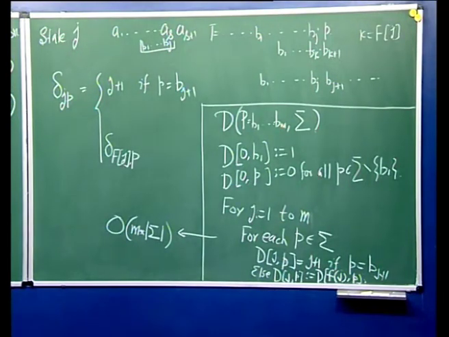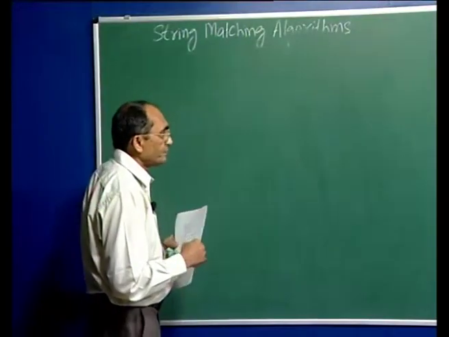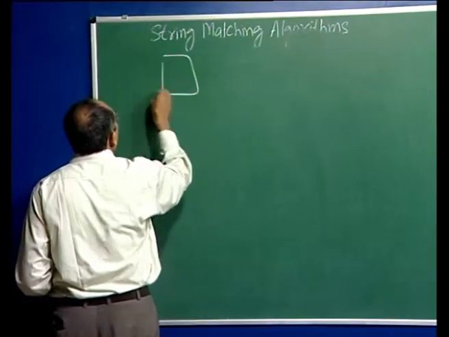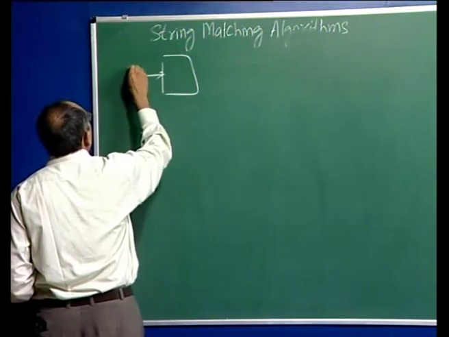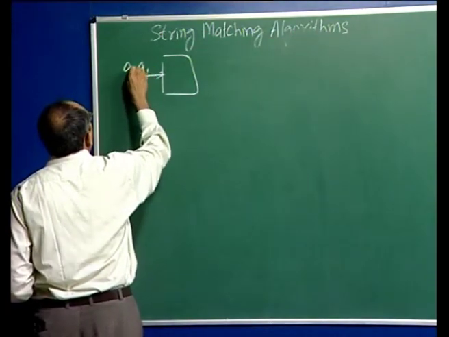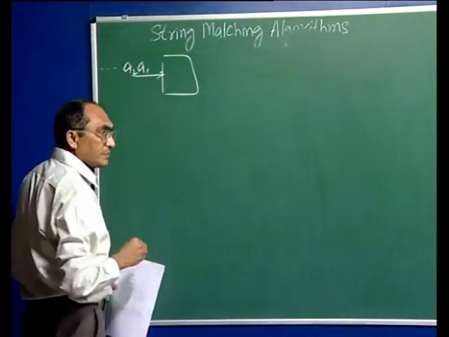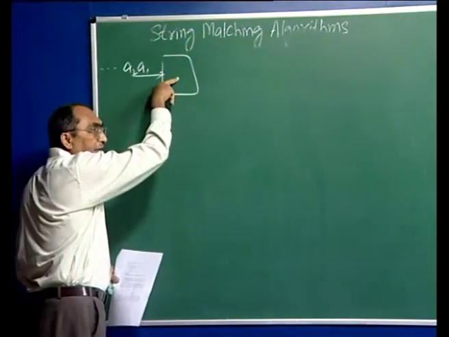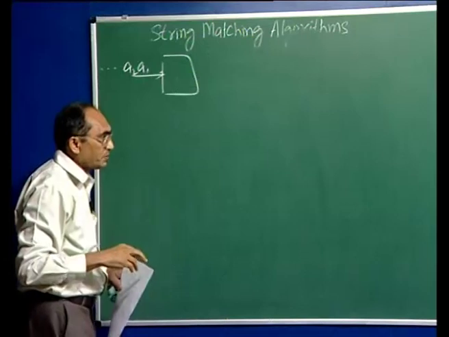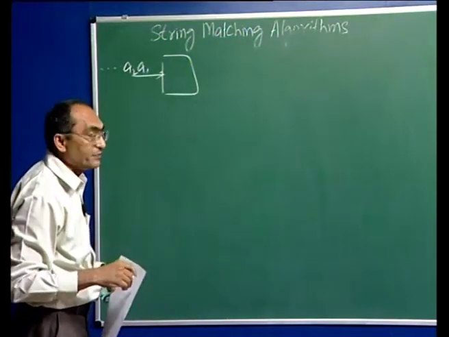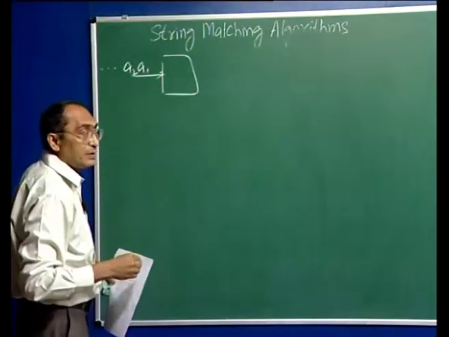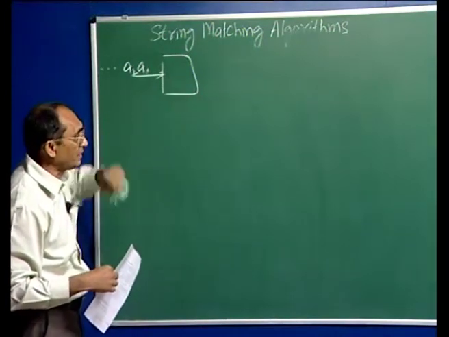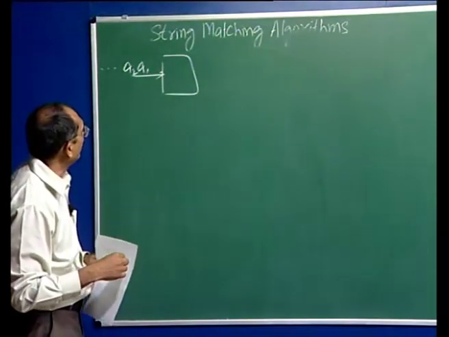Now, let us talk about the automaton. So, here we have the automaton, and we are going to enter the text string. Whenever the system reaches the state m, that should be taken as a terminal state, and we can output the fact that we have successfully found a match for the string p.